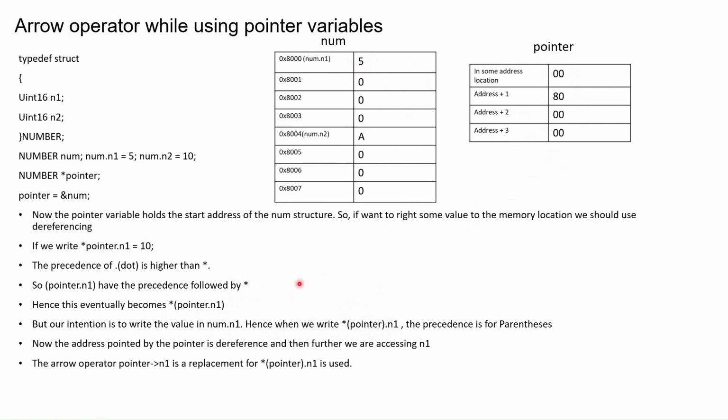Once you dereference, you can write the value to this particular sub-element n1. So the arrow operator is nothing but a replacement: rather than putting star and parentheses, you can simply replace it with an arrow operator. That is the purpose of the arrow operator. In the next few minutes, I'll show you a practical example of this as well.